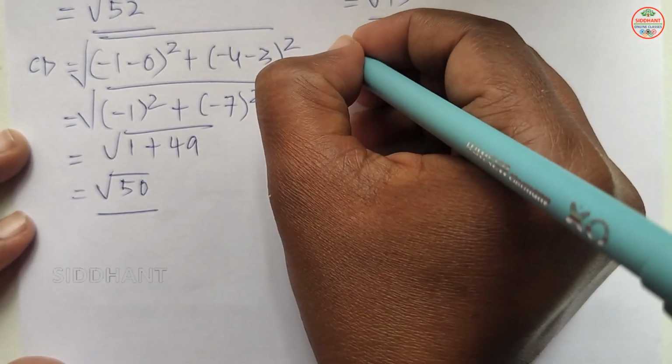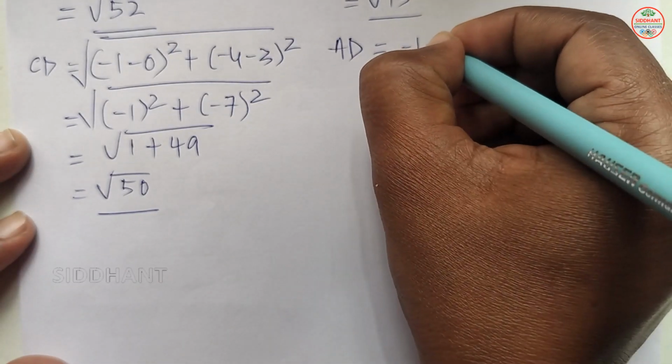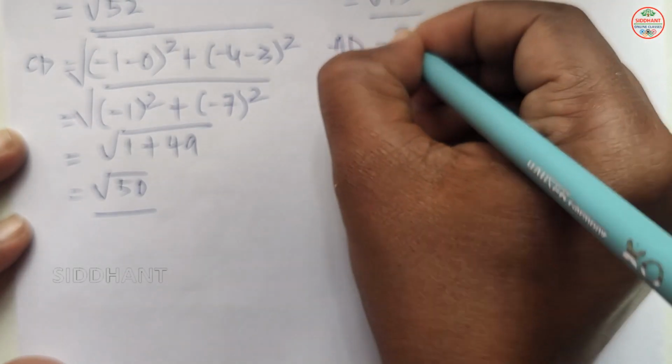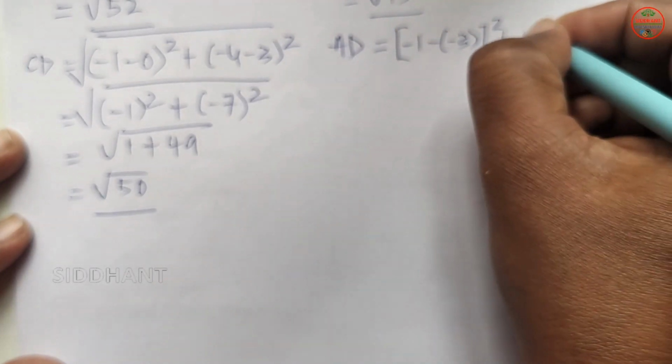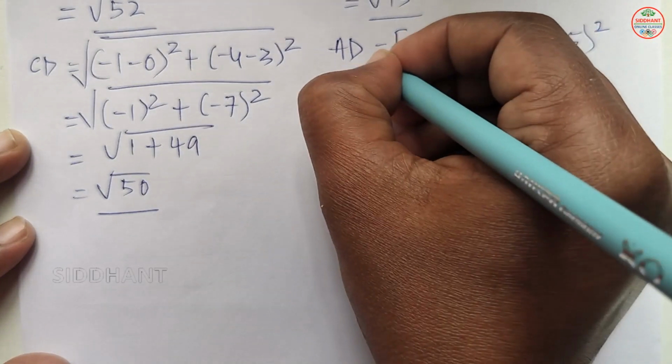Next we go for AD, which is minus 1 minus of minus 3 whole square plus minus 4 minus 5.